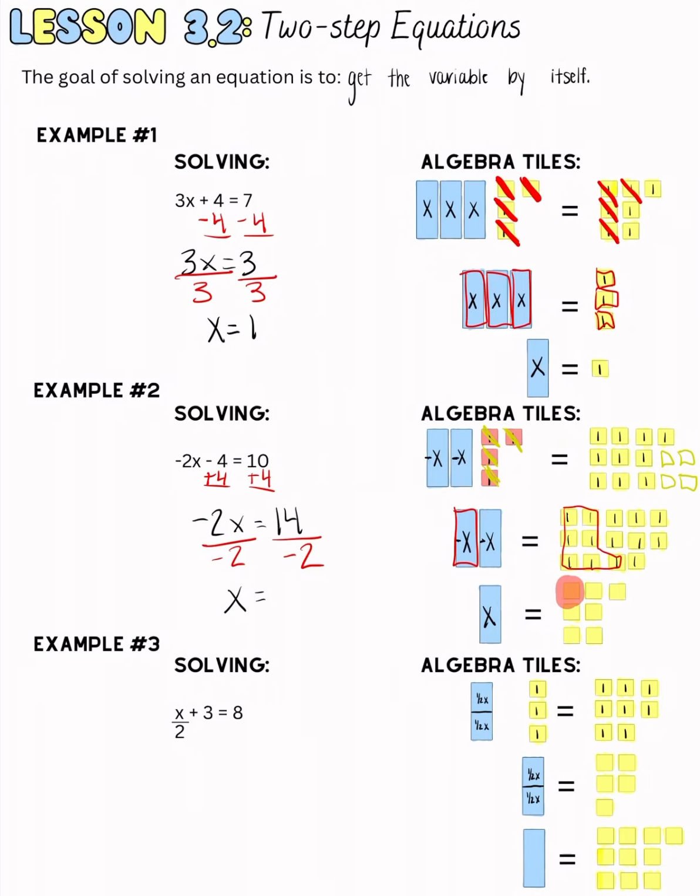Okay, so these are negatives, because if I want a positive x, then I have to switch the sign of the numbers. So 1x equals 7. Okay, so a negative x equals positive 7, so x equals negative 7. Okay, that's how that works.